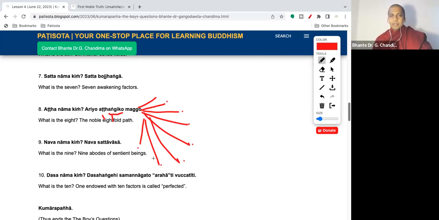All right. So these eight must be practiced simultaneously at first. And then they must be practiced with three other supportive factors. What are they? Samma Ditthi, Samma Vayama, Samma Sati. Let's say you want to practice Samma Ditthi. You must practice it with Samma Ditthi, Samma Vayama, Samma Sati.